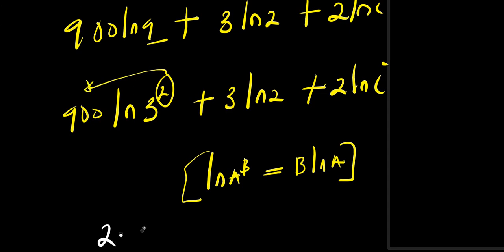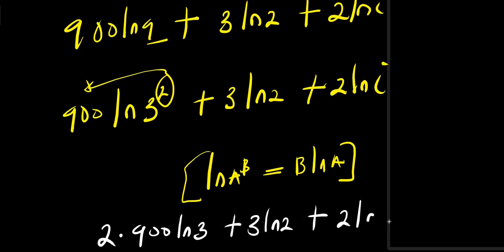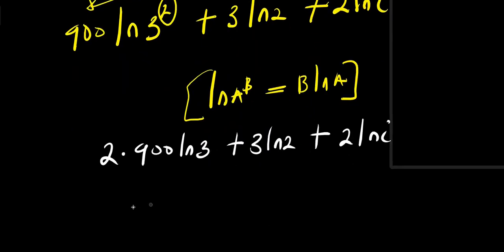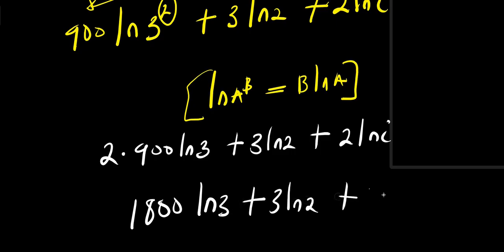I have 2 times 900 times natural log of 3 plus 3 times natural log of 2 plus 2 times natural log of i. 2 times 900 is 1800, so we have 1800 times natural log of 3 plus 3 times natural log of 2 plus 2 times natural log of i.